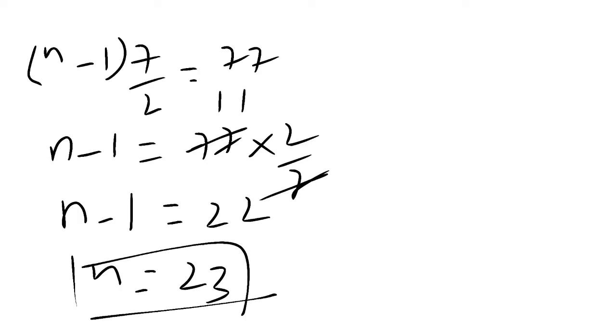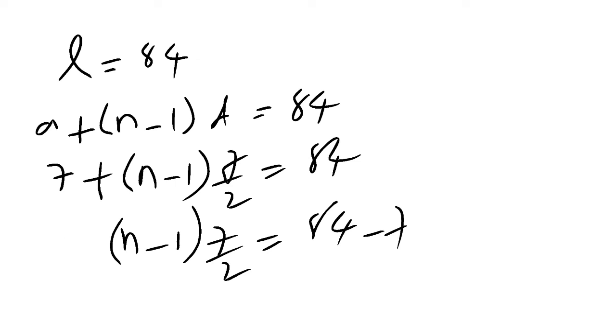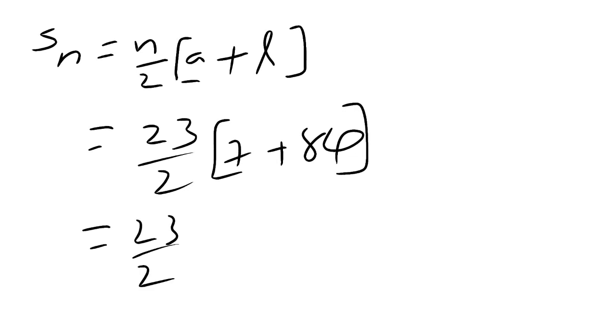So how many terms are there in total? 23 terms are there. 23 by 2 into, so what is the A value here actually? 7 is the A value, and L value is 84. So it is equal to 23 by 2 into 7 plus 84. Here I am taking the into symbol. 7 plus 84 is 91.